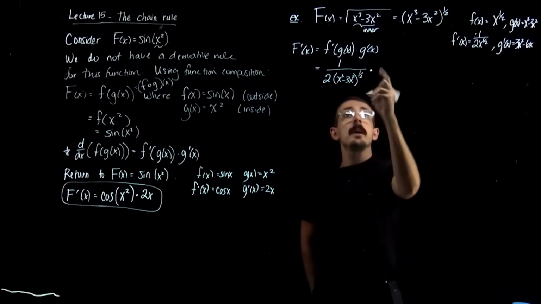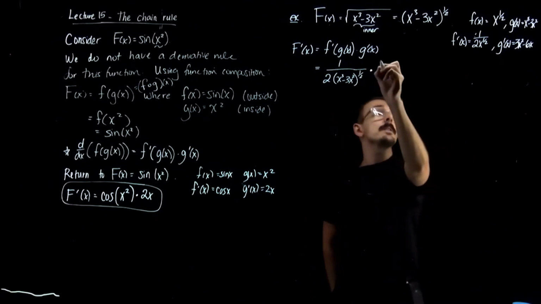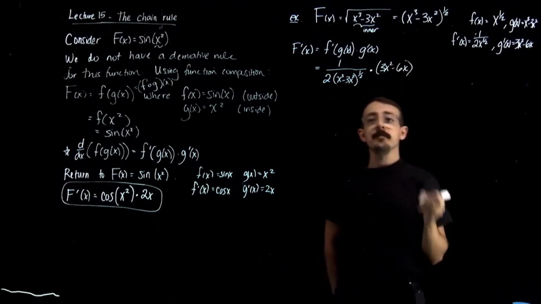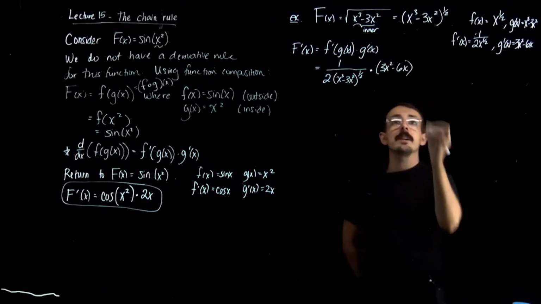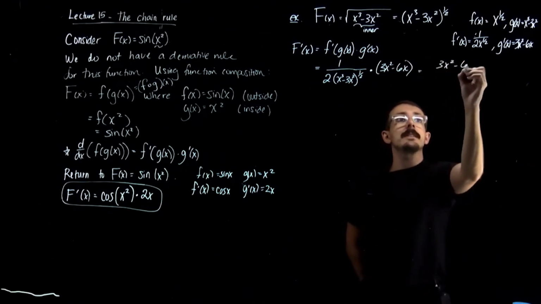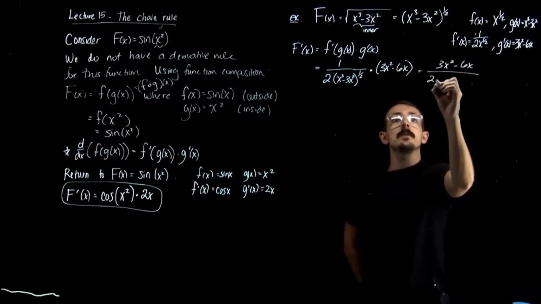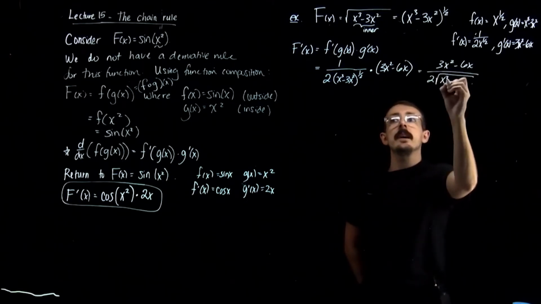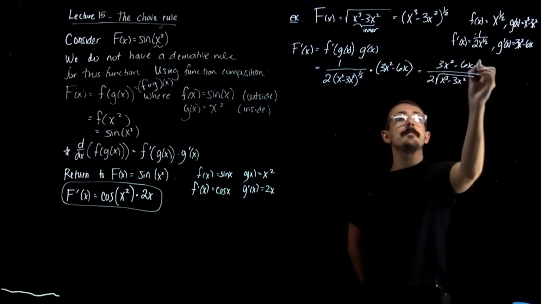And now I'm going to multiply by g prime, which is 3x squared minus 6x. If I wanted, I could just write this as 3x squared minus 6x all over 2. I could even turn this back into a radical if I wanted to. Radical x cubed minus 3x squared.